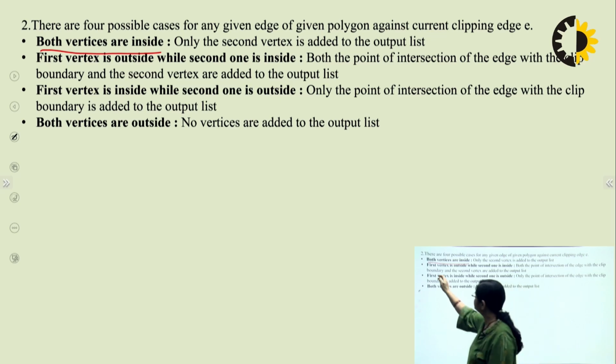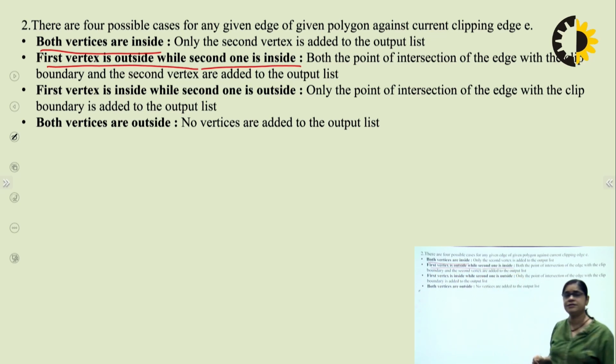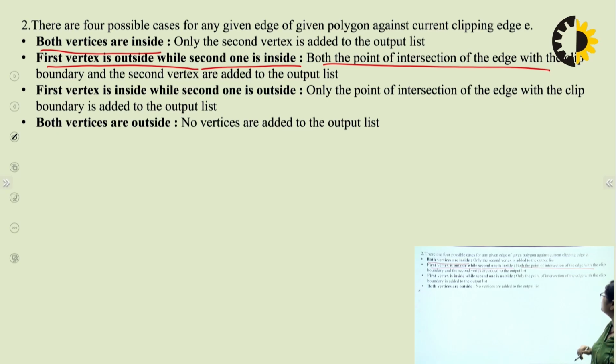Now, second is that the first vertex is outside while the second one is inside. That also we discussed in the previous slide, and I am going to discuss it in further detail in my next slide. In this case, both the point of intersection of the edge with the clip boundary and the second vertex are added to the output list. You have to keep these points in mind.